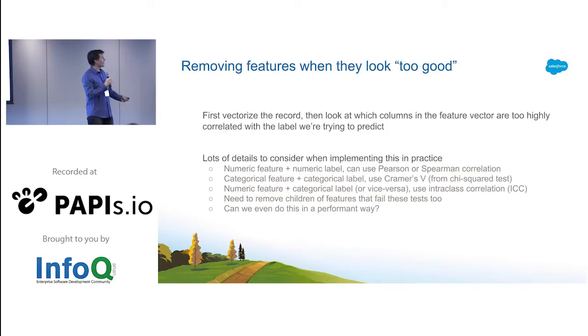So how do you actually remove features? I just want to say that there are many different ways that you might want to try. If you want to measure these kinds of correlations, for numerics, you can use things like Pearson and Spearman correlation, which you're probably familiar with. For categoricals, if you're comparing a categorical feature to a categorical label to see how strongly related they are, you can use a chi-squared test.